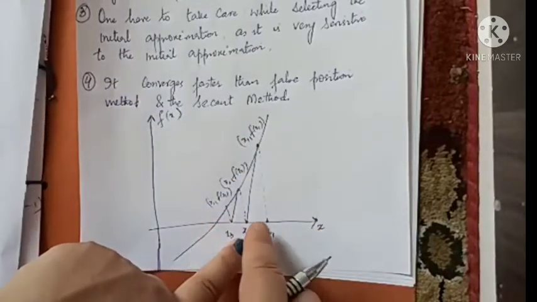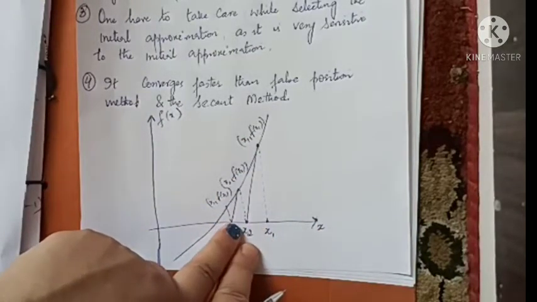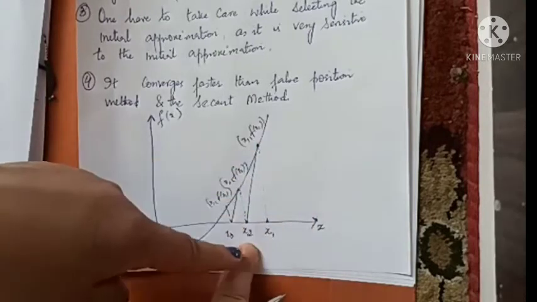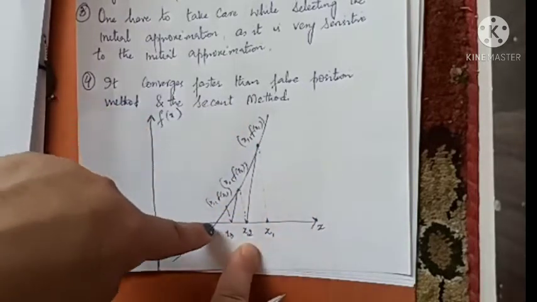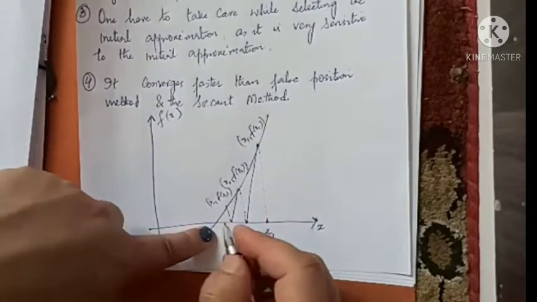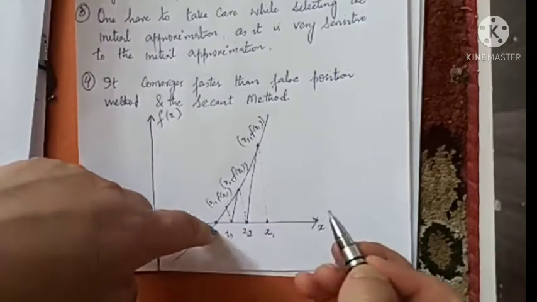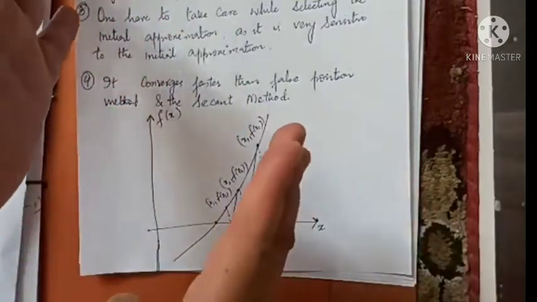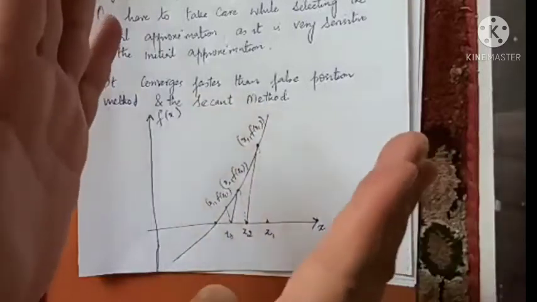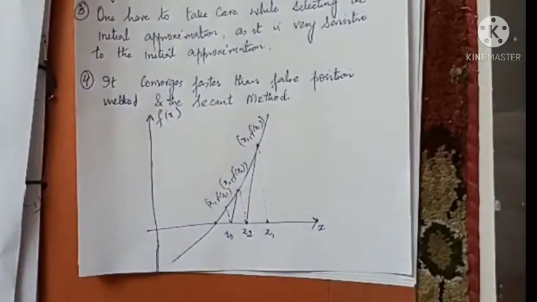Wherever the tangent cuts the x axis becomes our next approximation. We follow this procedure again and again until we either get the exact root or an approximated value of the root. This is how it converges to the root.